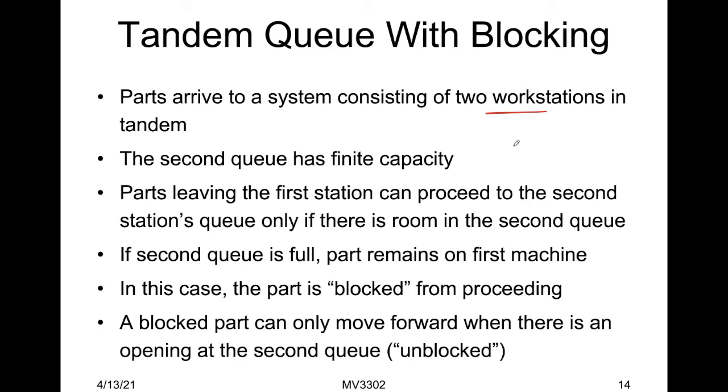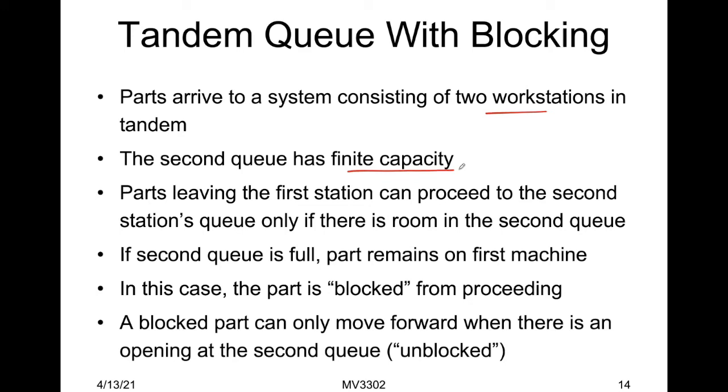When they get service, they don't leave, but they go to the second workstation. But the problem is the second workstation has a finite capacity. Remember we had the finite capacity queue where arriving customers would balk. But here we don't have that possibility because we need to process all the parts. All the parts have to go through the first station and then the second station.